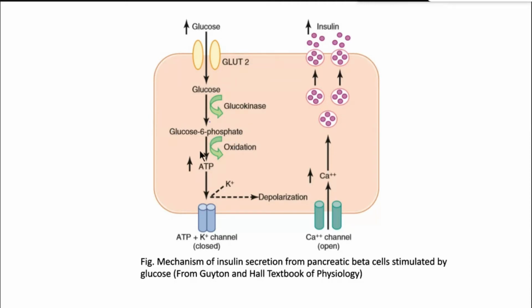And again, the oxidation of this glucose leads to the generation of ATP. This ATP will inhibit the ATP-sensitive potassium channels, which leads to depolarization, and this leads to calcium influx. And this influx of calcium leads to the exocytosis of the insulin molecules from secretory granules.